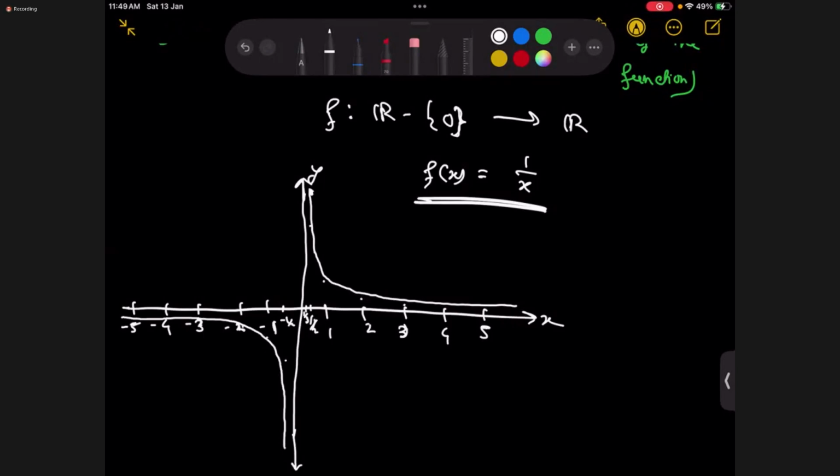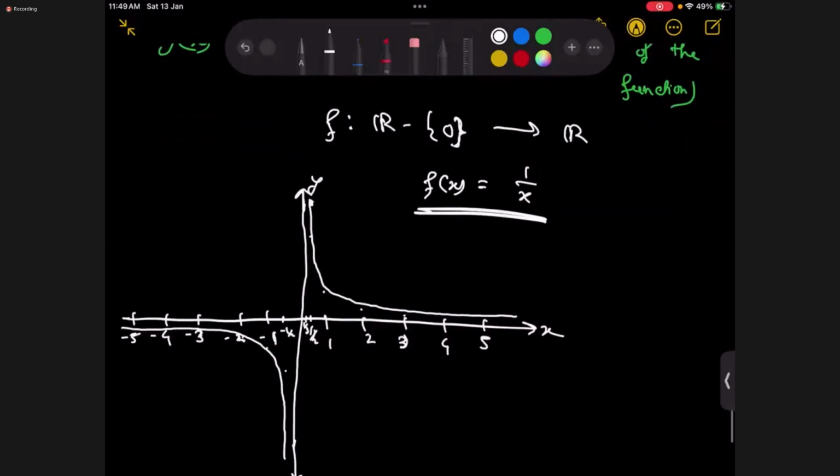In the positive direction, it goes up, and in the negative direction, it goes down. This is one example of a rational function, and you can see that at the point 0, the function is not defined. So this is the graph of the function y equals 1 by x. Okay, so thus we can define the function.